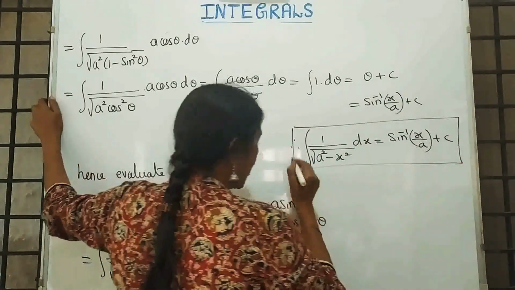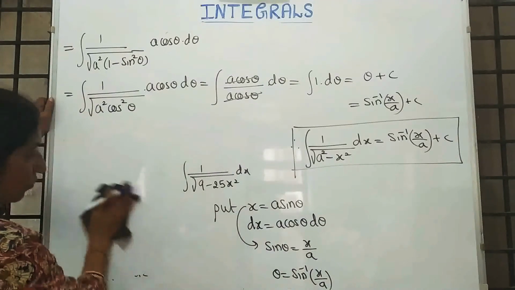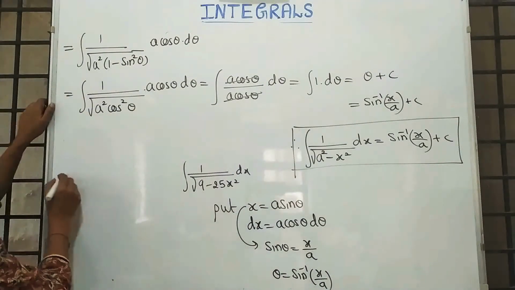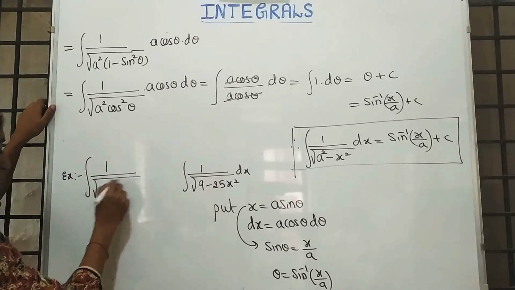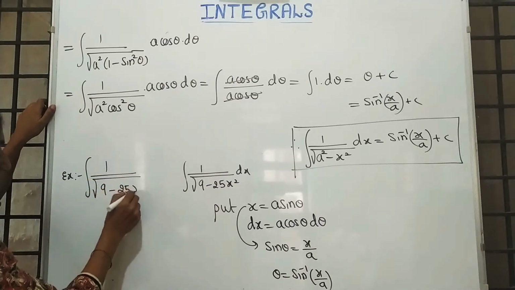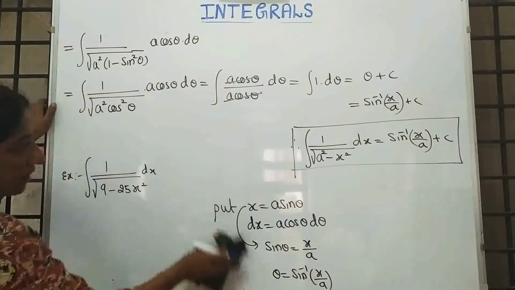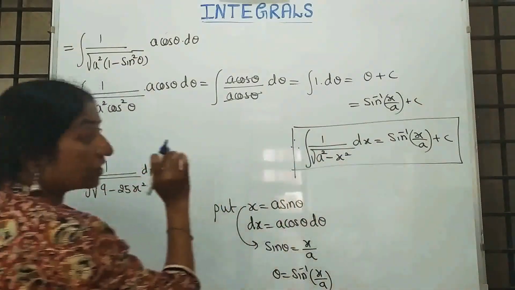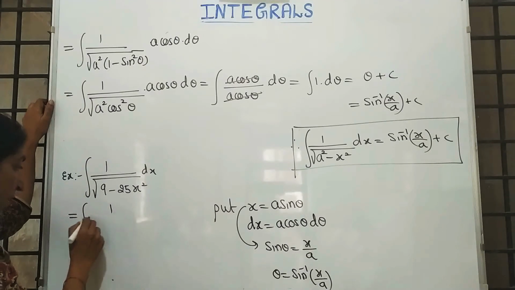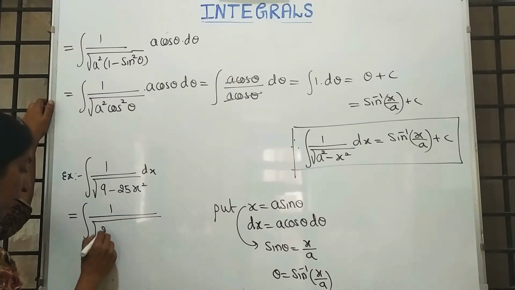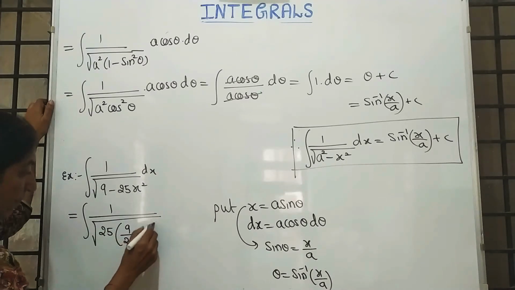See, like this we have a derivation. After writing the derivation, we have to solve this example. That example is 1 upon root of 9 minus 25 x square. If you are already thorough with the formulas, here the x square coefficient should be 1, but here it is 25. That's why under the root I took 25 common. This is 9 upon 25 minus x square.